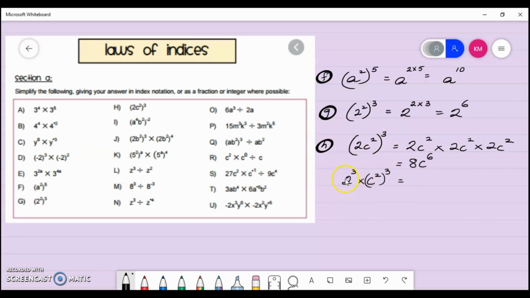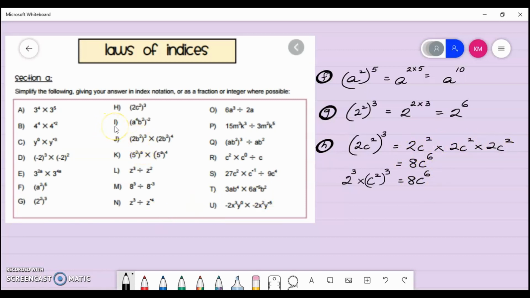And we know 2 to the power 3 will give us 8. And we know c to the power 2 raised to the power 3, I'm going to have to multiply these two. So I'm going to get 2 by 3 is 6. So it's going to be c to the power 6. And that is how we get that answer without having to write out all of this.